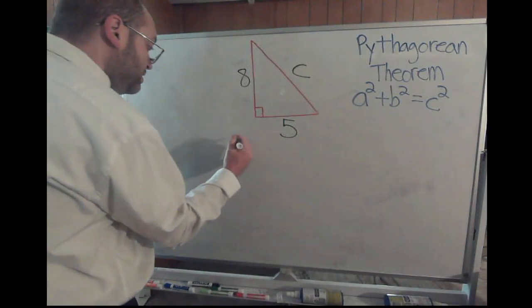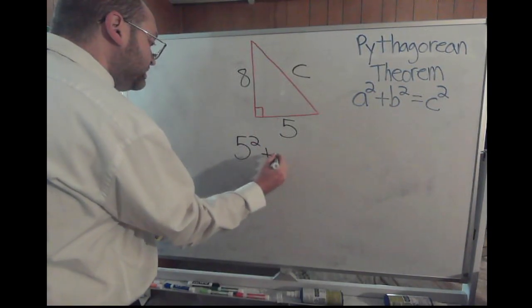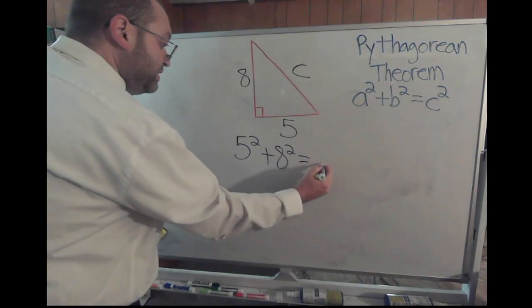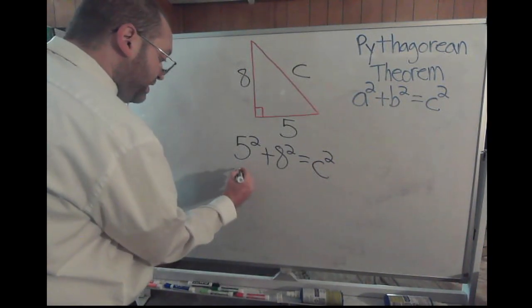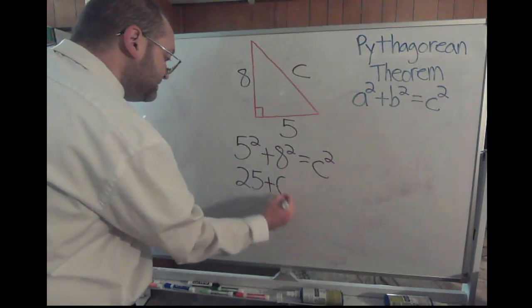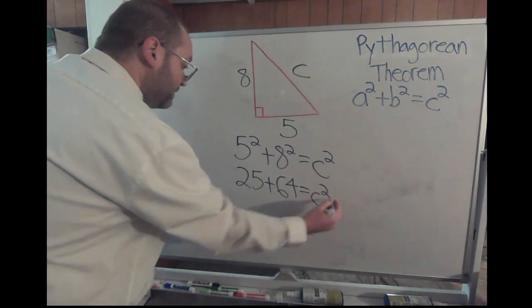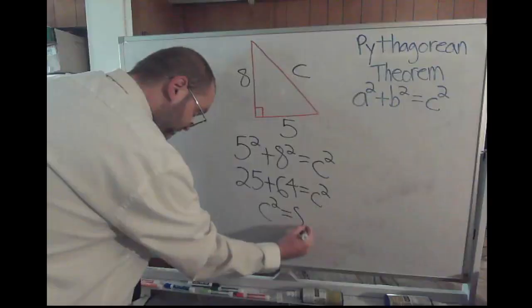So we'll take 5 squared plus 8 squared. That's going to equal C squared. Well, 5 squared, that's 25, plus 8 squared, that's 64. That's going to equal C squared, which means C squared would equal 89.